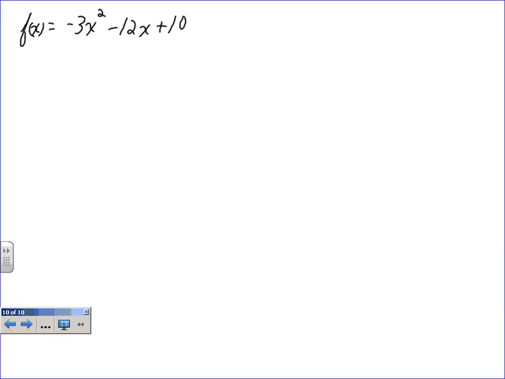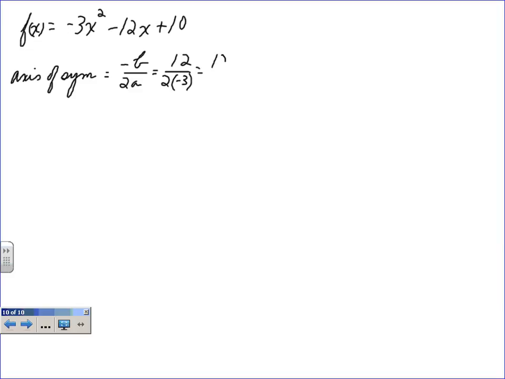All right. So the axis of symmetry is the opposite of the B over 2A. The B term is what? 12, right? Is it positive 12 or negative? It's a positive. I want the opposite of a negative 12, which is a positive 12, over 2 times A, which is negative 3.